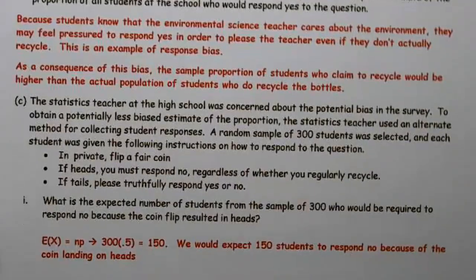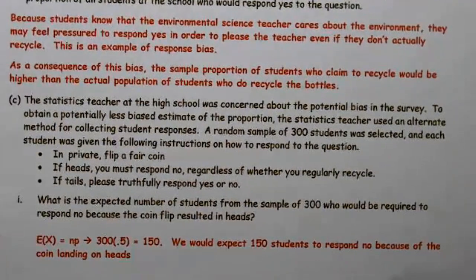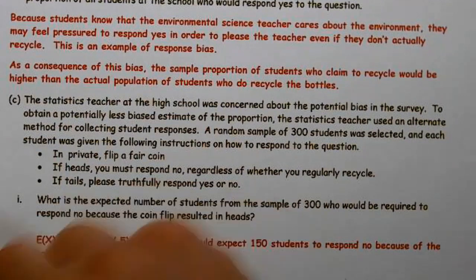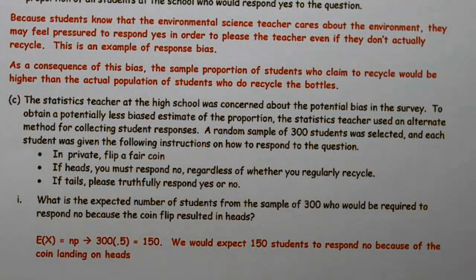The statistics teacher was concerned about the potential bias in the survey and wanted to help out this science teacher. What an awesome individual. To obtain a potentially less biased estimate of the proportion, the statistics teacher used an alternate method for collecting student responses.